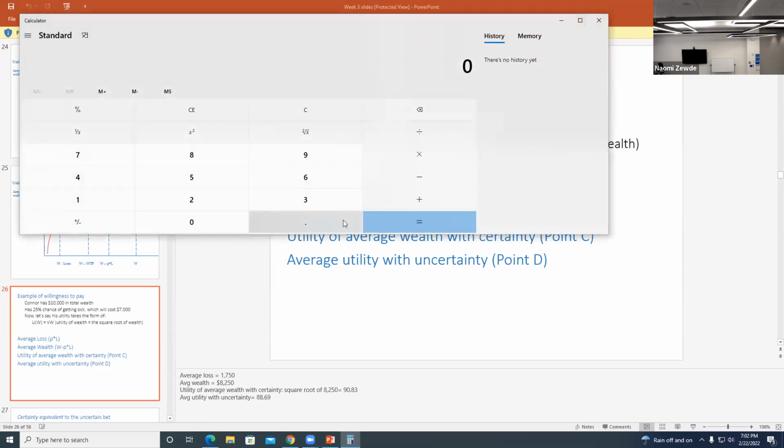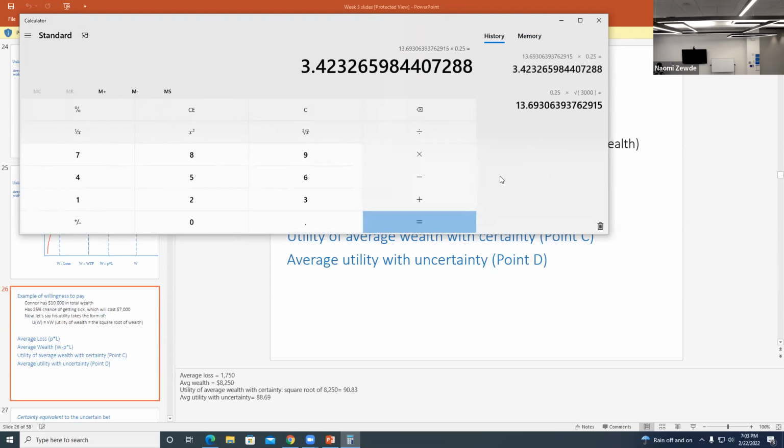Okay, so we have a 25% chance of losing everything. In the situation where they lose everything, they have $3,000. The square root is 54.77. Now this happens with a 25% probability, so 3.42.